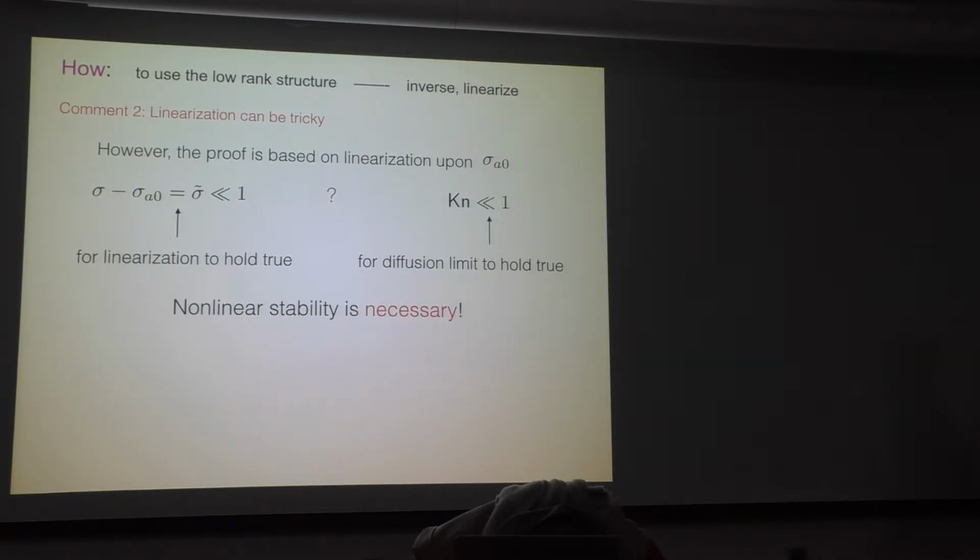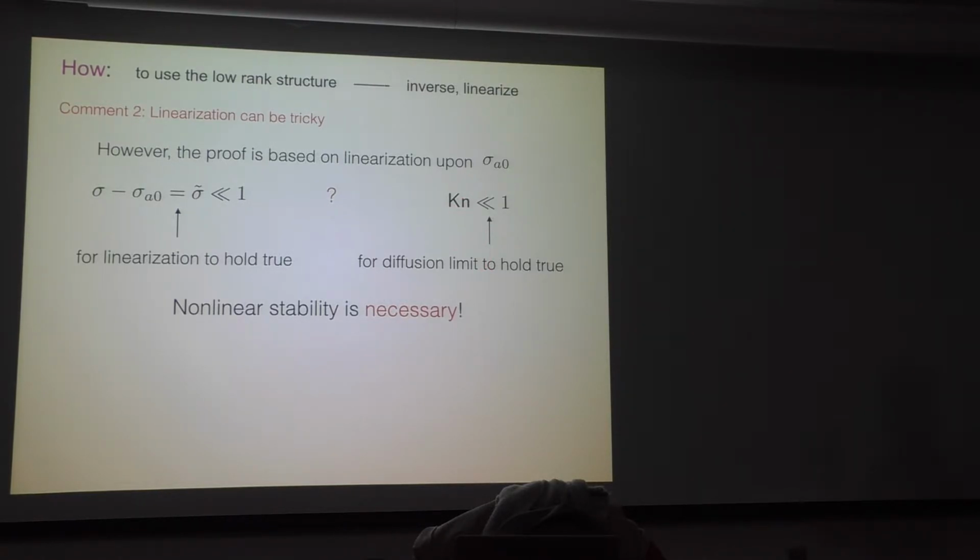But there are two smallnesses, so you need to be very, very careful. Number one, for the linearization to carry out, you are assuming my media is close enough to the background media. So this sigma is my true media, and you have some background media. I'm assuming the perturbation is extremely small. At the same time, you're also assuming the Knudsen number is small.